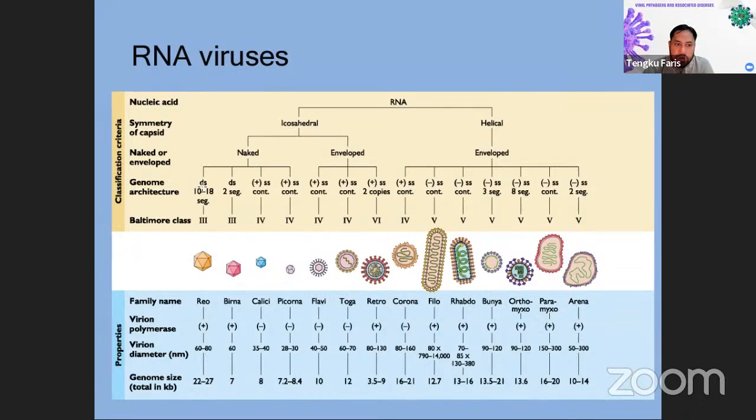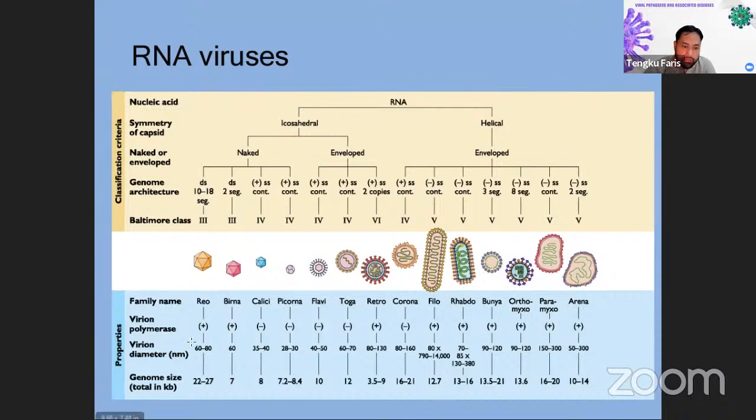It's enough for you to know what type of virus. Is it a DNA or RNA virus? What is the capsid shape? Are they naked, enveloped, or a combination of shapes? So you just need to know the basic information.